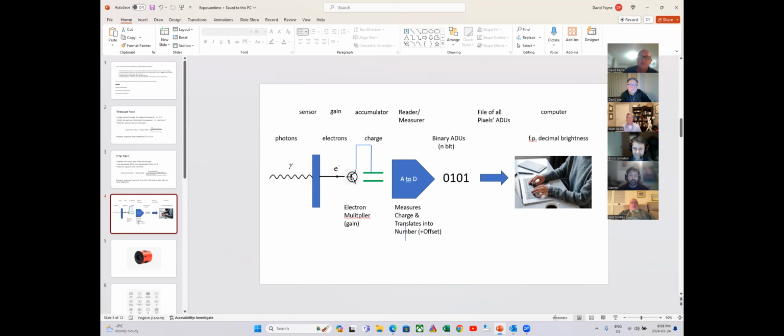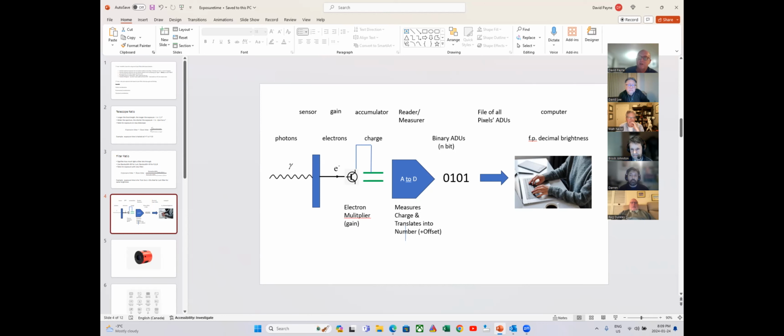And then it goes through an electron multiplier, where you might have one electron coming into this signal multiplier, and out comes 3 electrons or whatever. And this is accumulated as a charge on a sort of capacitor-like device.